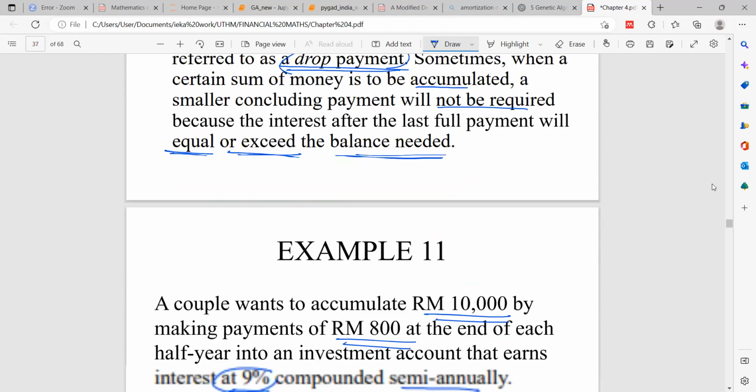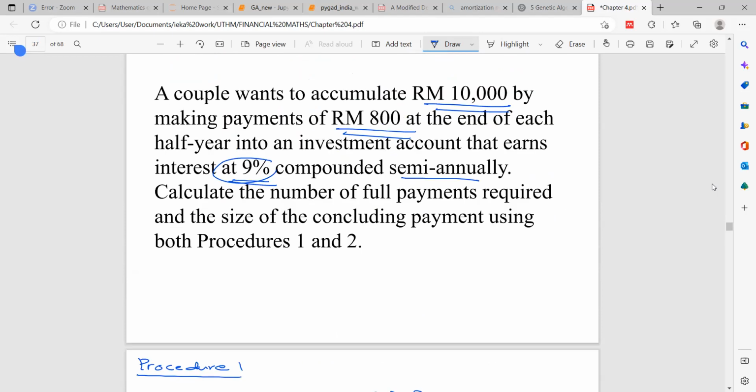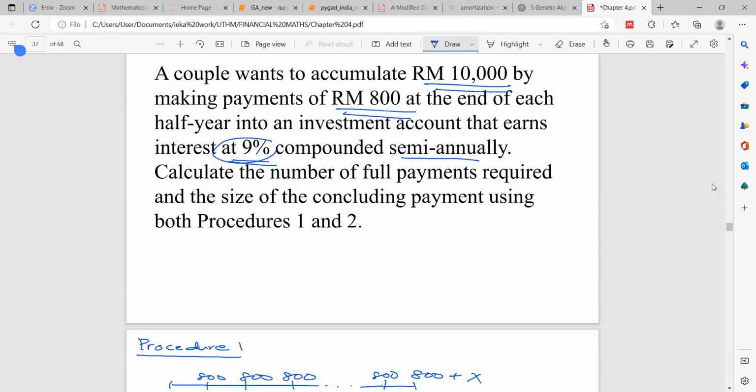So next, a couple wants to accumulate 10,000 by making payments of 800 at the end of each half year into an investment account that earns 9% compounded semi-annually. Calculate the number of full payments required and the size of the concluding payment using procedures 1 and 2. So let's see.